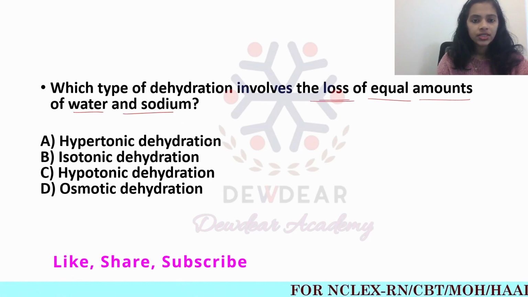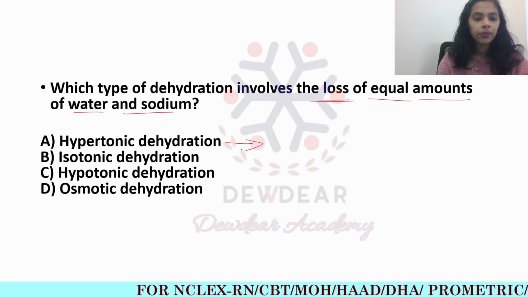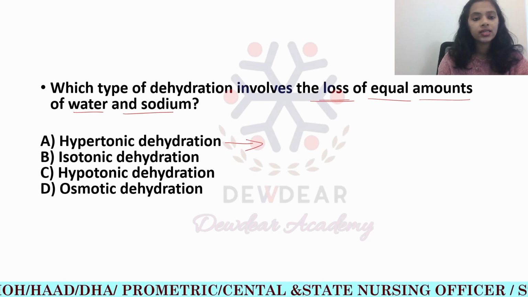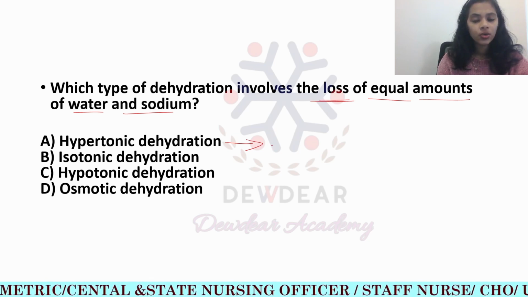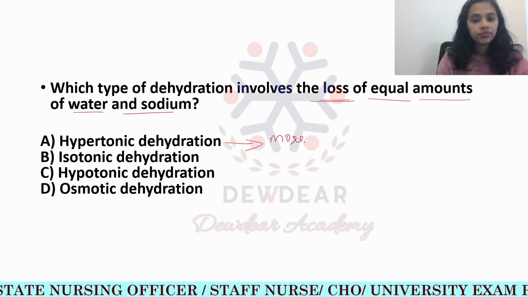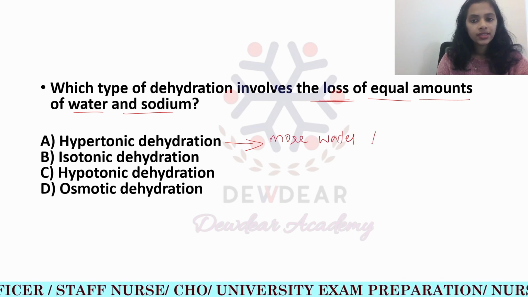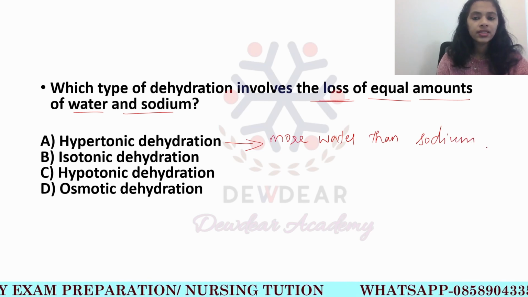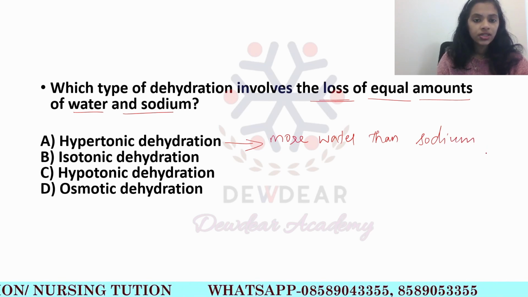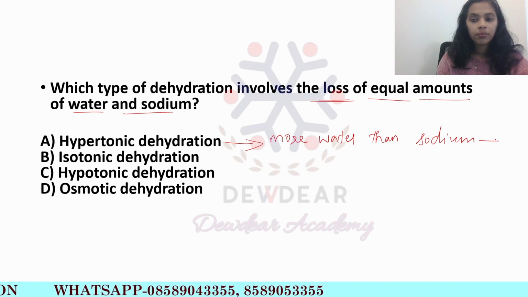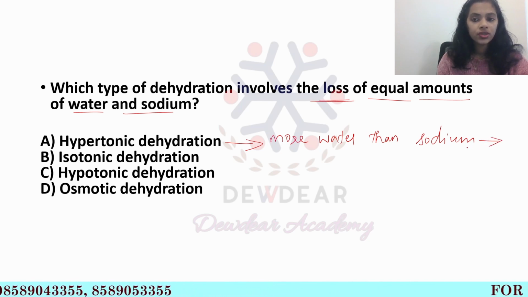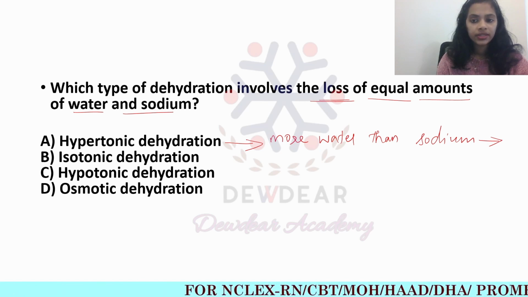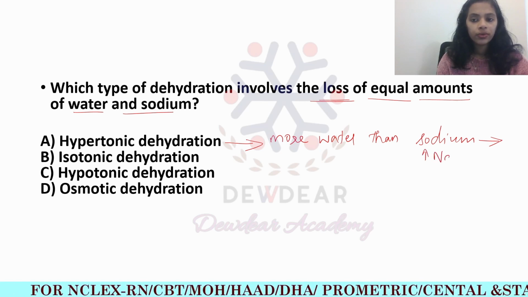The first option is hypertonic dehydration. What is hypertonic dehydration? This occurs when the body loses more water than sodium. So there will be more concentration of sodium in the blood.